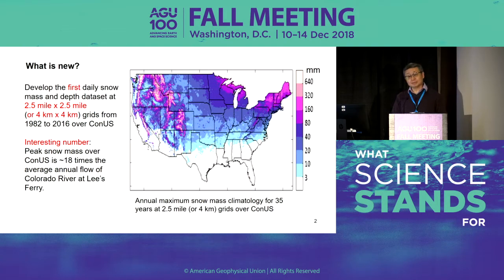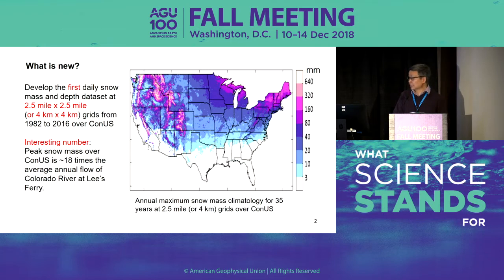We have developed the first daily 4 kilometer or 2.5 by 2.5 mile snow mass and depth data sets from 1982 to 2016 over conterminous U.S.